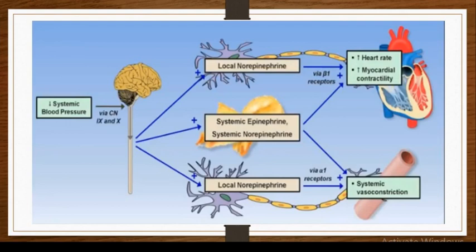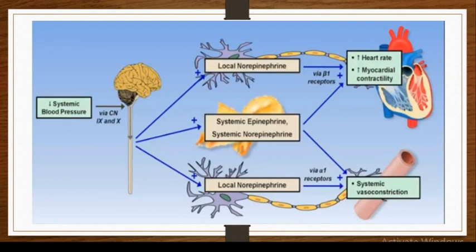As we can see, sympathetic outflow will cause the release of local epinephrine or norepinephrine, which will act on the heart through the beta 1 receptors, thereby causing a positive inotropic effect as well as a positive chronotropic effect on the heart.